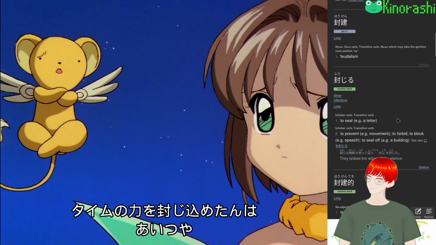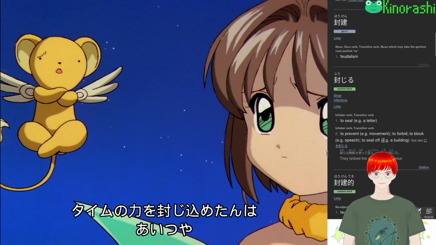Fujiru. To seal, to prevent, e.g. movement, to forbid, to block.